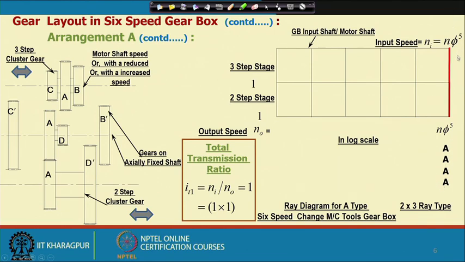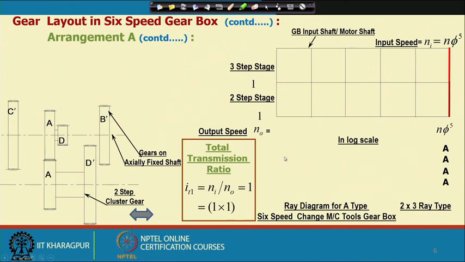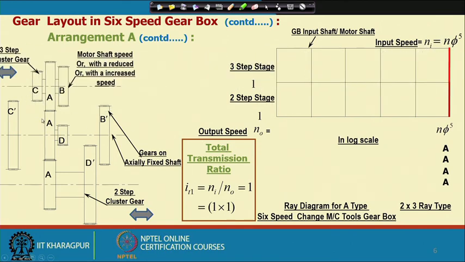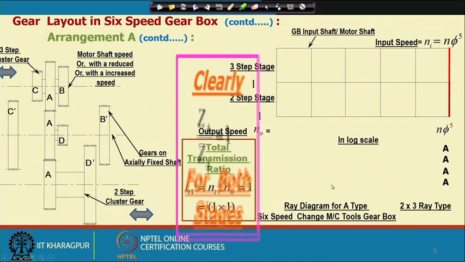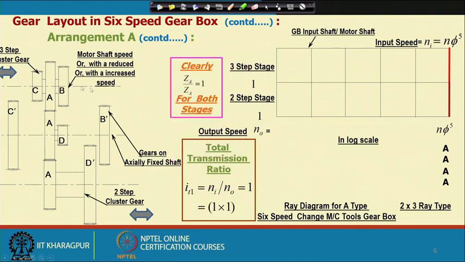Next, again we will go for the same 1 ratio, and here also the A gear is available. A will be connected with A. As you see, A is being connected with A. So, in this stage we have got the total reduction ratio equal to 1, and clearly the teeth number ZA by ZA is equal to 1, in both stages.